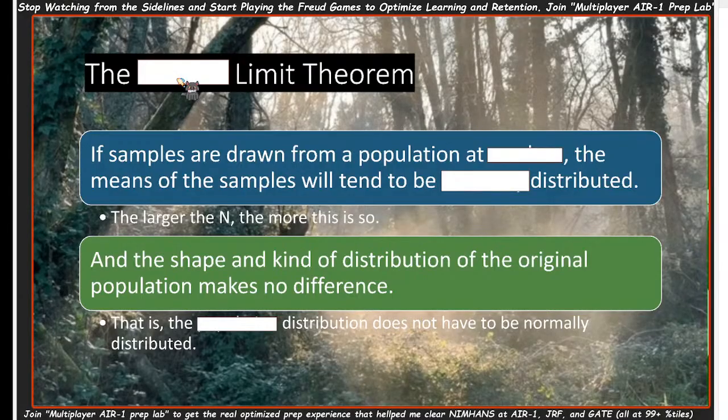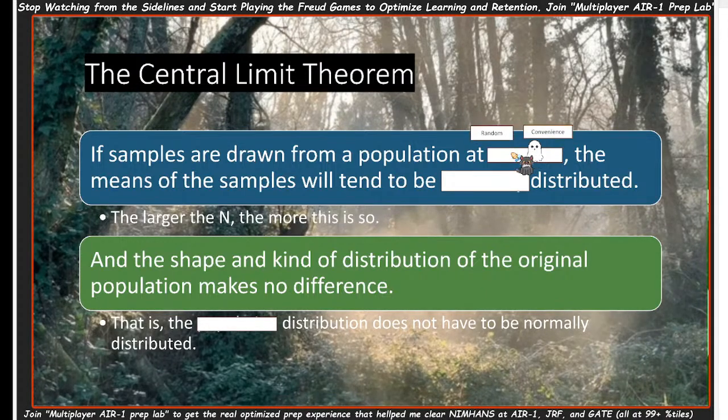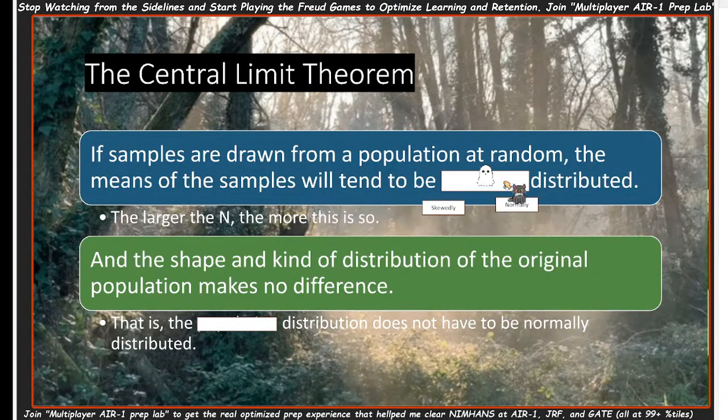So the central limit theorem, as I said, is where you assume that when you draw a sample randomly from a population, the means of the samples will also be normally distributed. So it actually does not matter if your population was normally distributed.